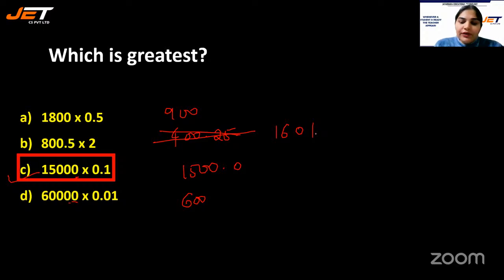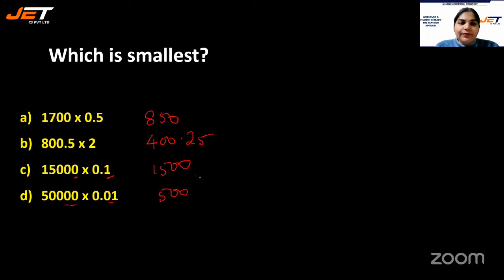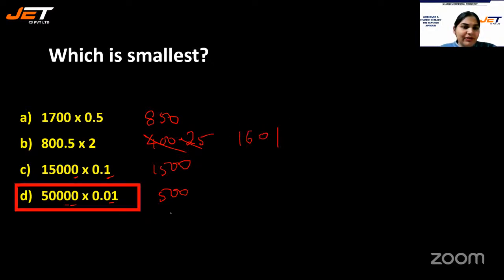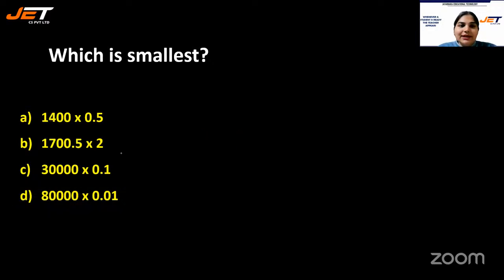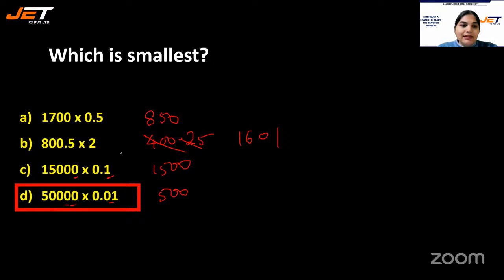So here the greatest is 800.5 times 2. And here the smallest, again I have to do the same thing. It's 800.5 times 2, it is 1601. So the smallest here is 500.